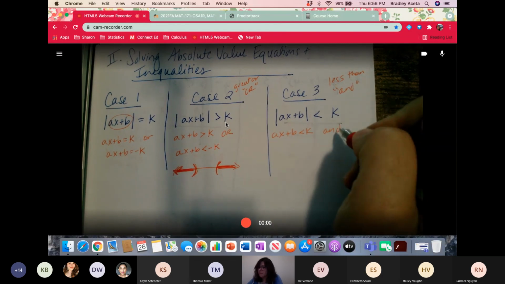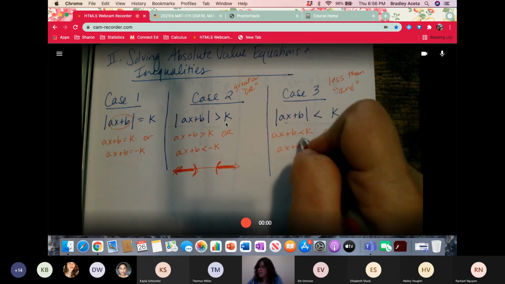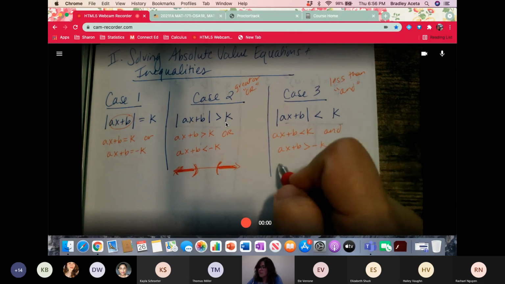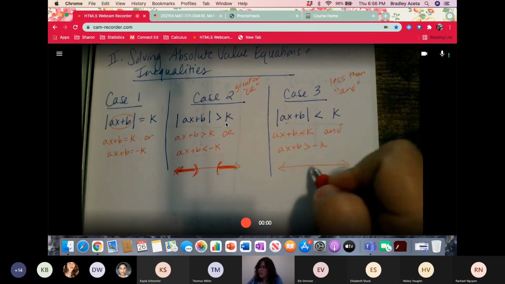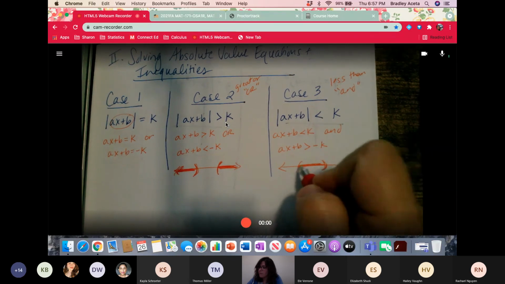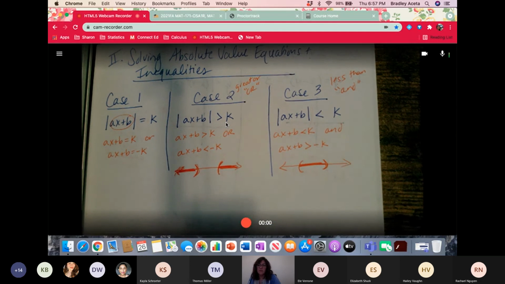Flip the sign, flip the inequality, change the sign. You should end up with a graph that's an and graph, which is always in between. That's where your solutions lie. Okay? So we're going to do one quick example with each of these three cases, and then that'll be it.